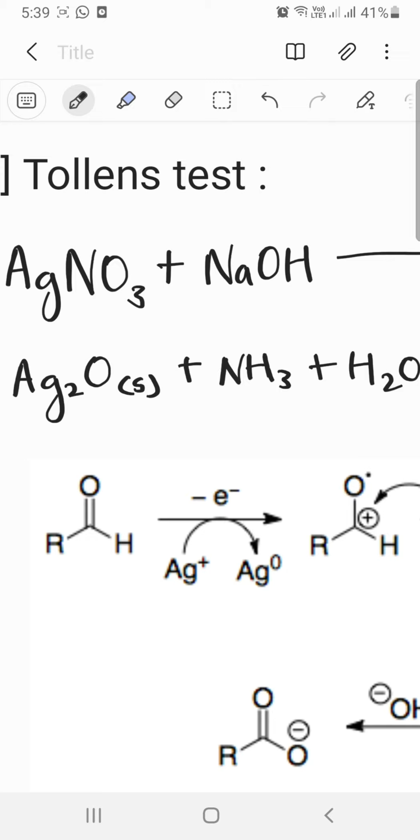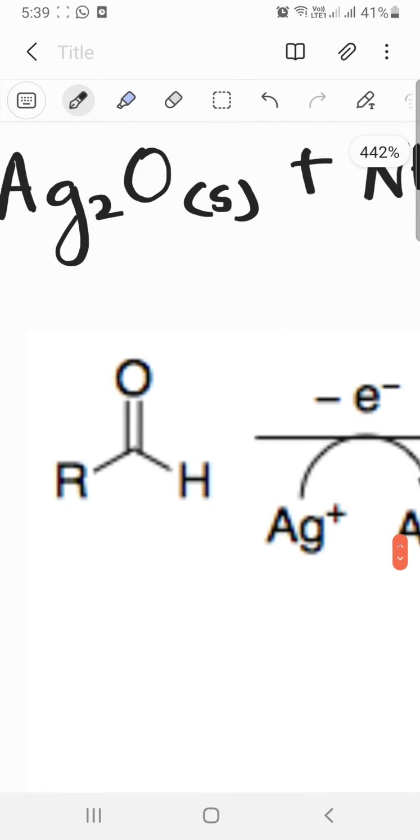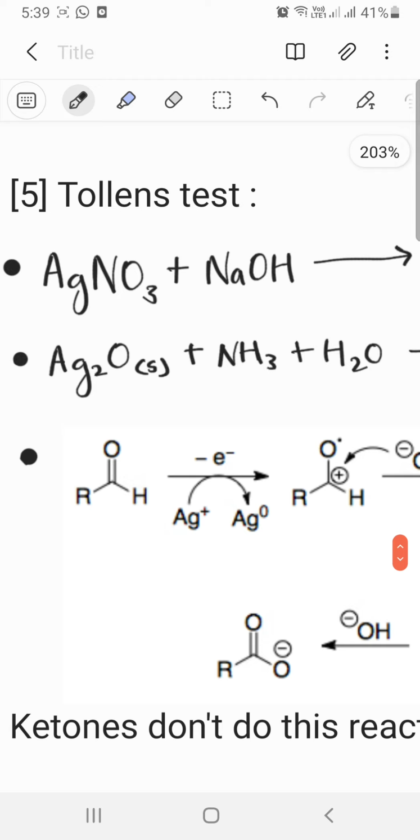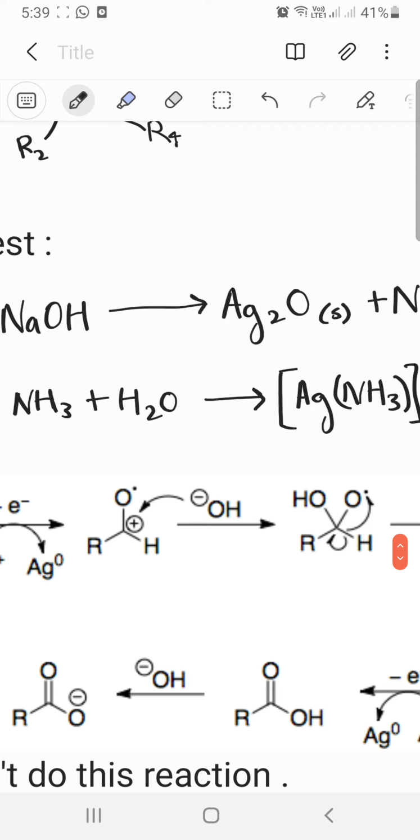I imagine it as Ag plus getting coordinated with oxygen and then the bond breaking homolytically, and that will give us this thing. Cool. Yeah, that looks really cool. So that's what's happening. Then OH minus, then they got O radical.